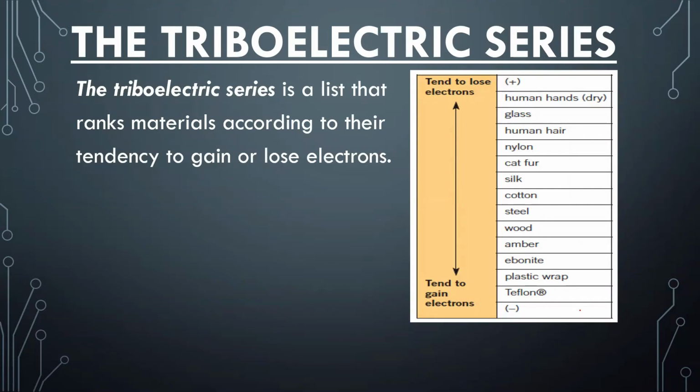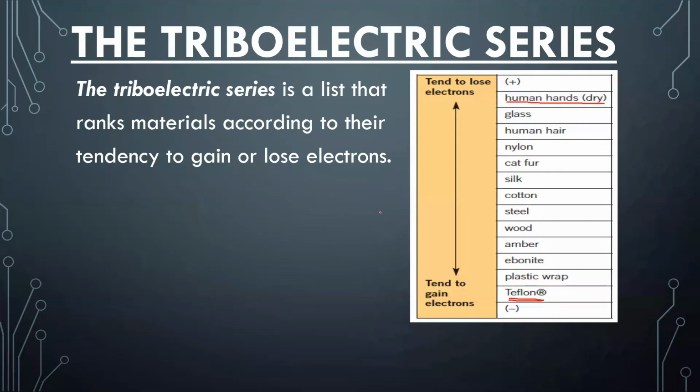If we rub our hand to a Teflon, since the human hand is at the top of the rank, it tends to lose electrons, and since Teflon is at the bottom of the rank, it will gain electrons. So the electrons lost from the human hand will be transferred to the Teflon.